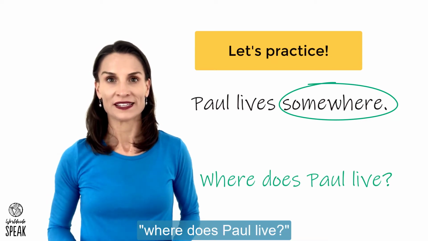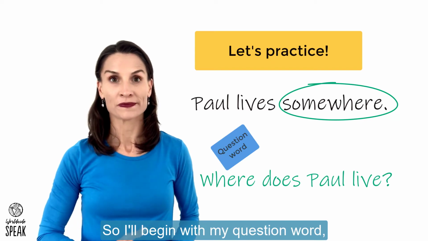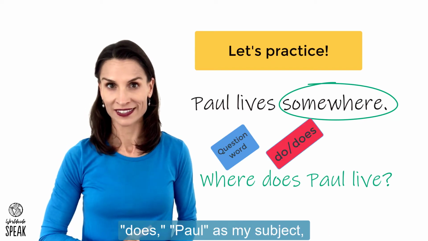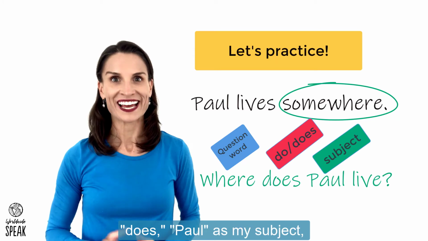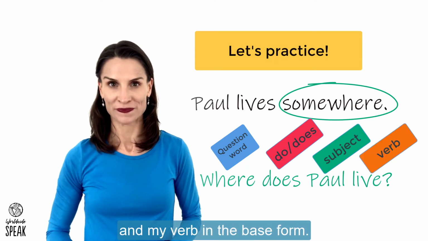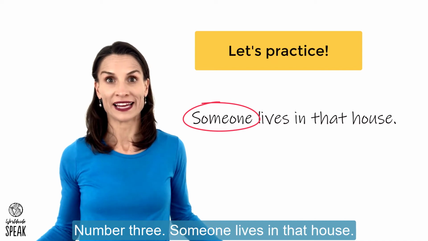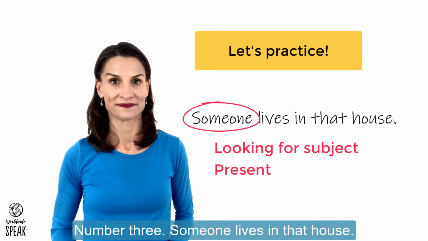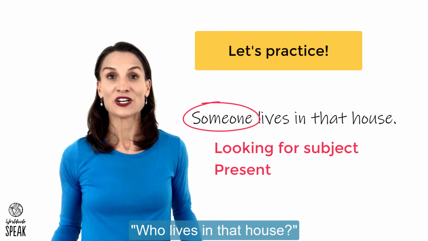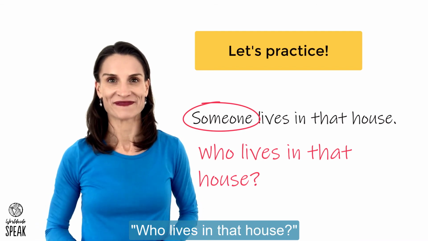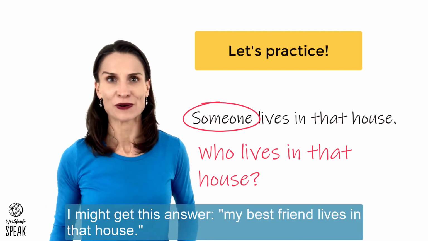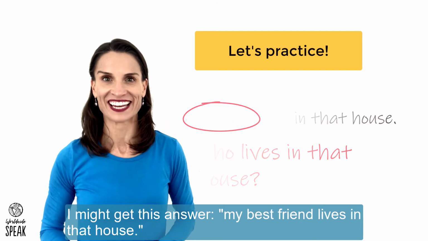So I'll begin with my question word, does, Paul, that's my subject, and my verb in the base form. Number 3, someone lives in that house. Who lives in that house? I might get this answer. My best friend lives in that house.